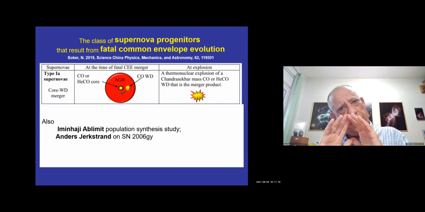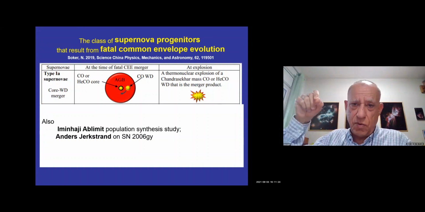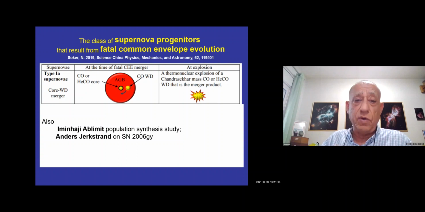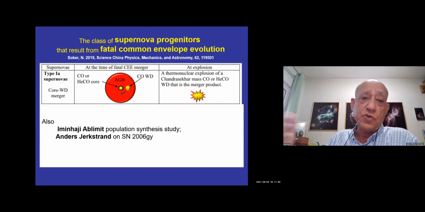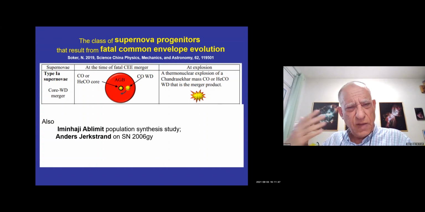So to prevent any confusion, I call the case of the companion merging with the core a fatal common envelope evolution, because either the companion will be destroyed, like if it's a brown dwarf, it can be destroyed by the core of an AGB star. But if it is a neutron star, it will destroy the core of a red supergiant star. So we have a kind of fatal common envelope evolution.